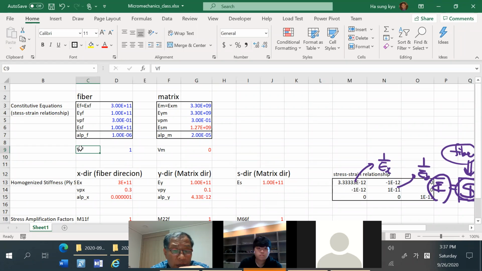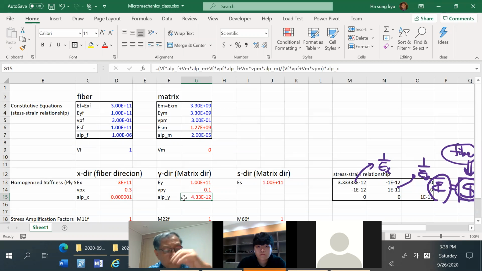when we have a fiber volume fraction equal to 1, make sure that all the properties are the same as the fiber, but pay attention that alpha y does not follow. There is some reason, but this is the usual trend.